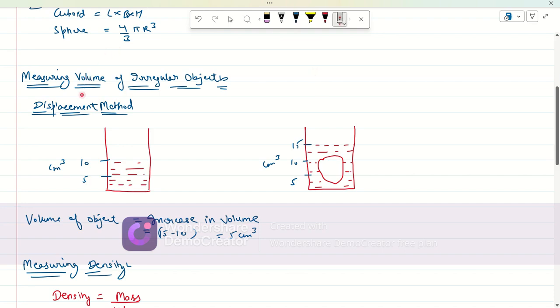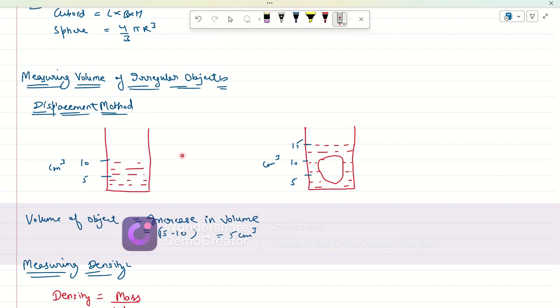Then you have to use the displacement method. What is the displacement method? First of all, you will take a known volume of water in a measuring cylinder. Let's say it is 10 centimeter cube. You will put that irregular shaped object in. Volume will increase. Now the new volume you can see is 15 centimeter cube. Now that increase in volume will give you the volume of the object.